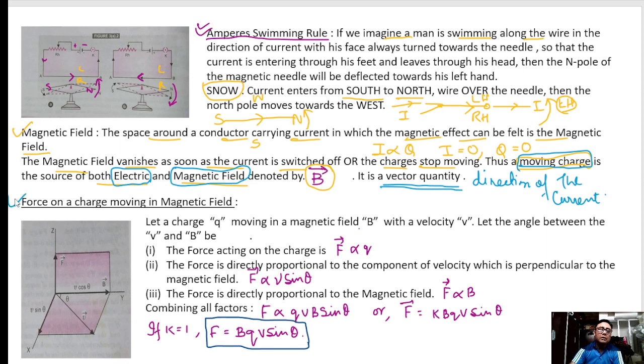Force on a charge. Now we are going to study force on a charge moving in a magnetic field. So watch here.